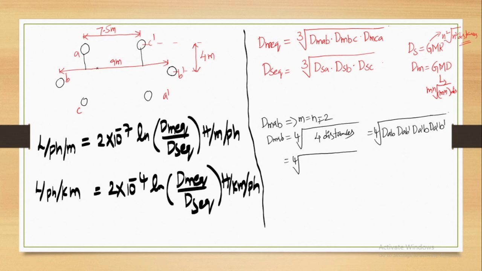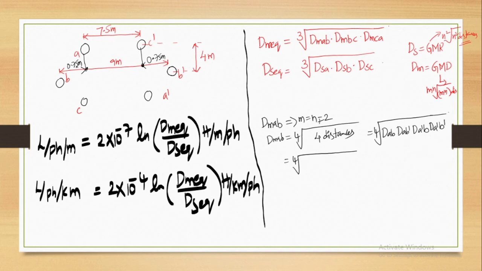From this point to this point, the distance is 7.5, so the remaining is 1.5. If you divide that into two parts, it will become 0.75 meter. Like this you can find the distance, right?